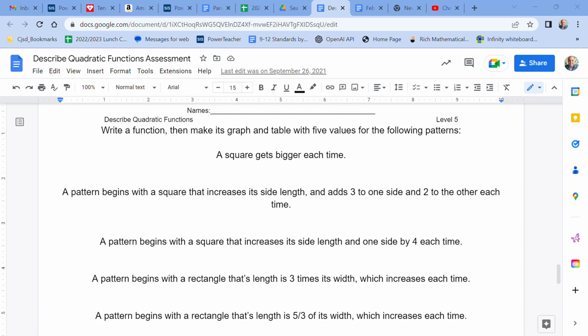The sides are each growing, but one side is growing by plus 4 each time. Okay. And then the graph has a parabola that goes down like this and goes back up, kind of like that. And that's not a great looking parabola. It's not perfect, but you get the idea. Looks like it goes through the origin.